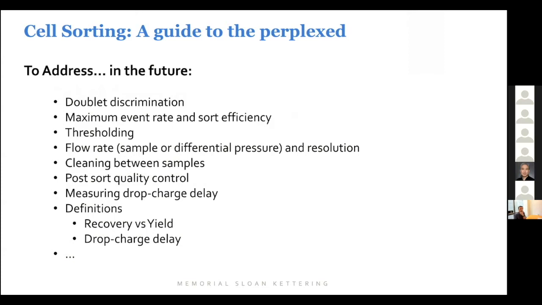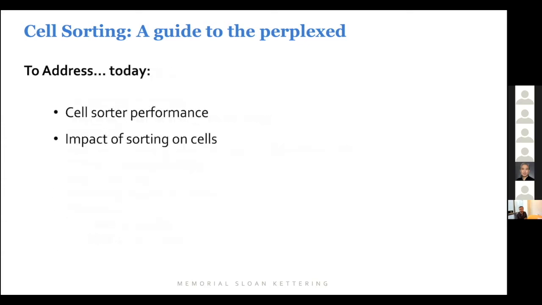One of the things we've tried to do for a long time is to address issues like doublet discrimination, thresholding, the importance of flow rate and resolution, and how to do proper post-sort quality control. These are things we would like to address in the future. But today, I really want to talk about two topics: cell sorter performance, or instrument performance, and the impact of sorting on cells.